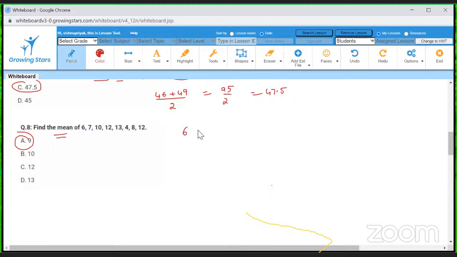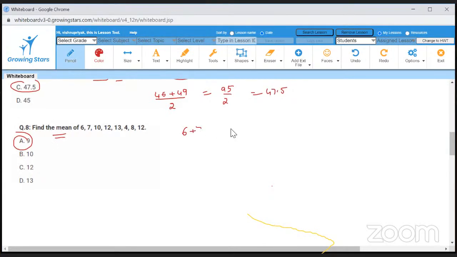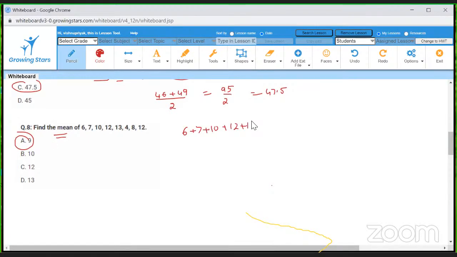You will add 6 plus 7 plus 10 plus 12 plus 13 plus 4 plus 8 plus 12, and divide by how many numbers there are: 1, 2, 3, 4, 5, 6, 7, 8. You will divide by 8. This is how you will find the mean. So this is 72 divided by 8, which is 9.